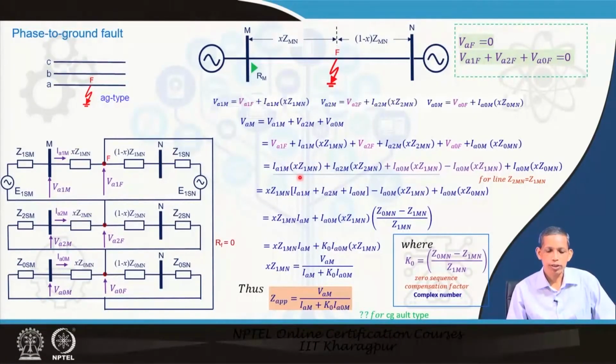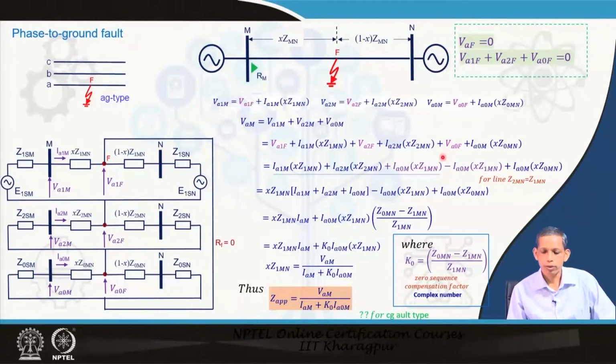So, if you see here, we have I1M x Z1Mn, I2M x Z2Mn, and the other part here, VA1M plus VA2F plus VA0F, as you have seen, becomes 0. They in total become 0. So, only the first term and the third term remain.